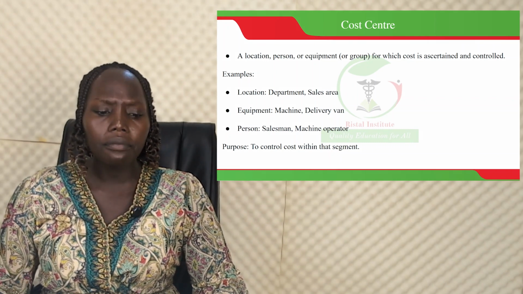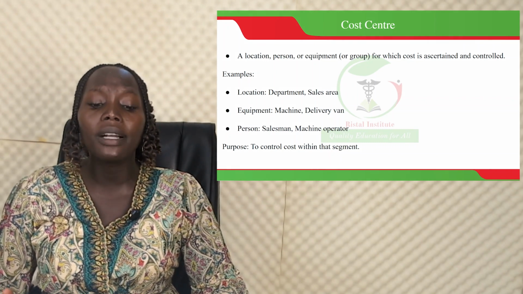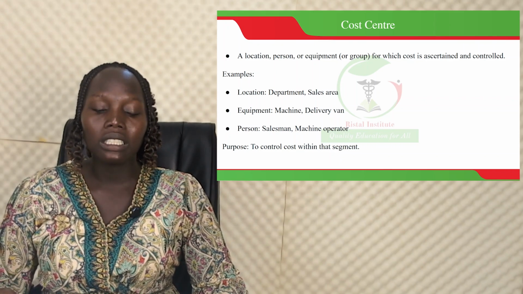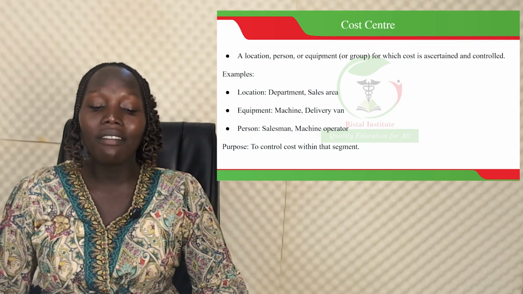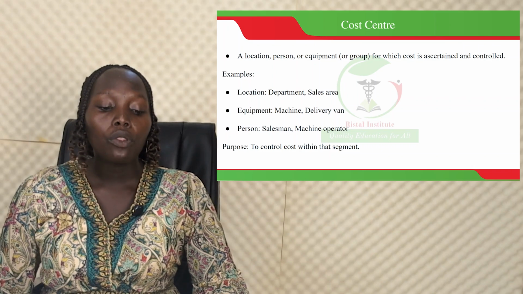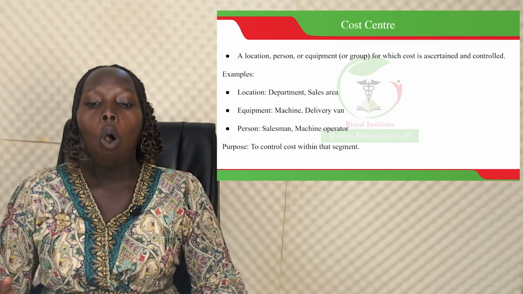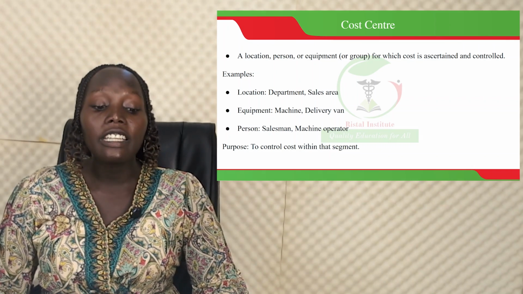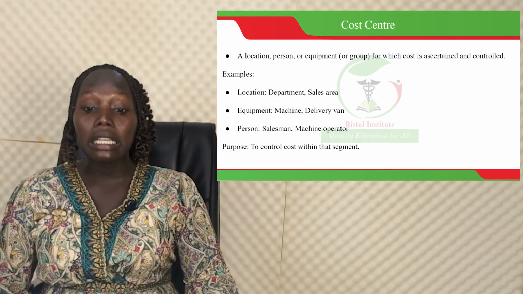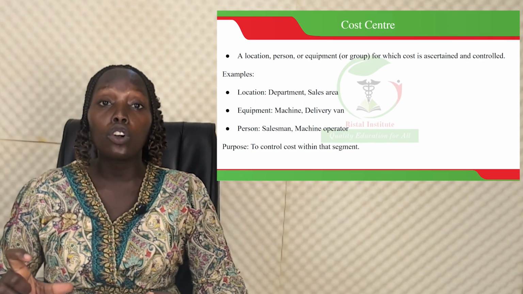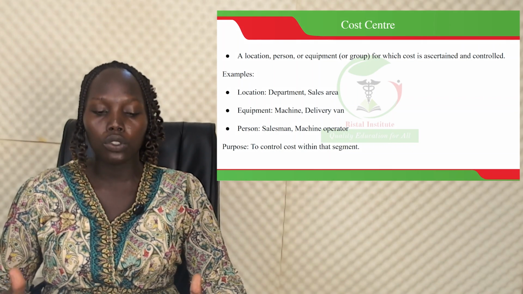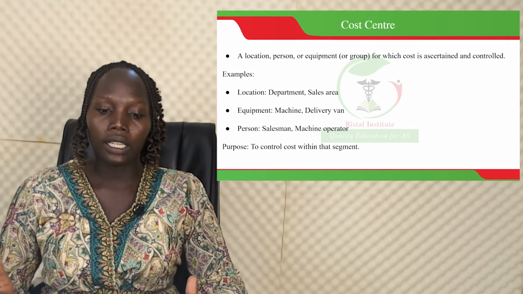For equipment, we have the machine and the delivery van. For person, we have the salesman and the machine operator. Those are examples of a cost center. The purpose is to control cost within that segment, such as the department or the sales area.